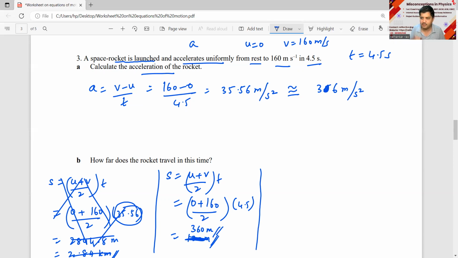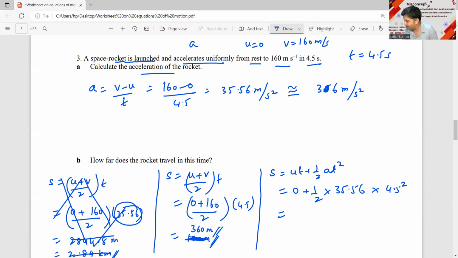Are there any other methods to determine this? Yes, we have one more method. Let us verify it by the second method. We'll use S is equal to ut plus half at square. I should get the answer now. Now, what's the value of u? 0 plus half into a. I'll use the exact value here. Last time itself I made a mistake. Multiplied by t square. What is 4.5 square?